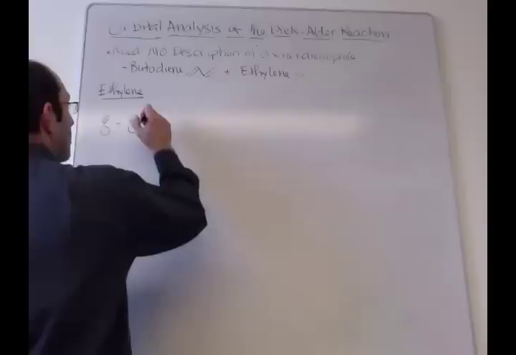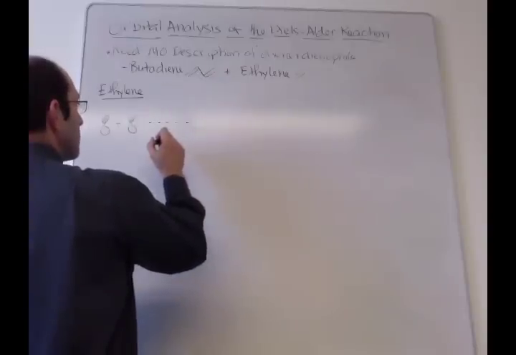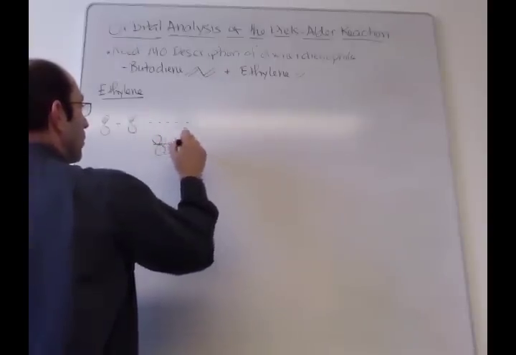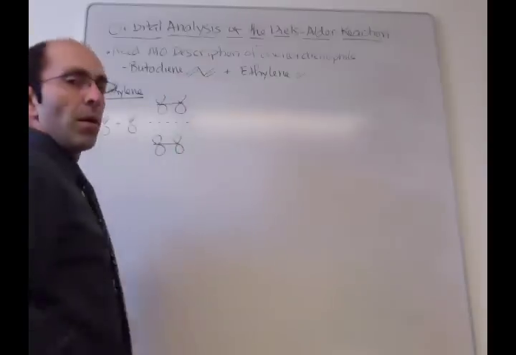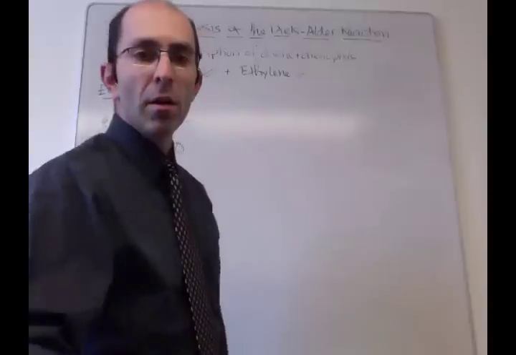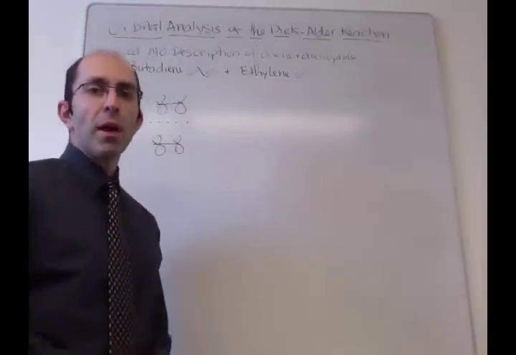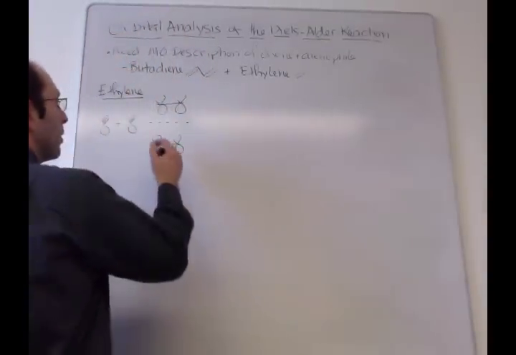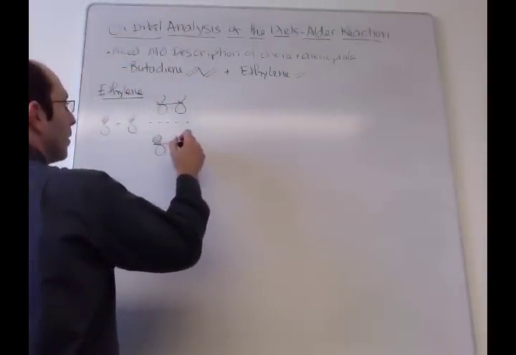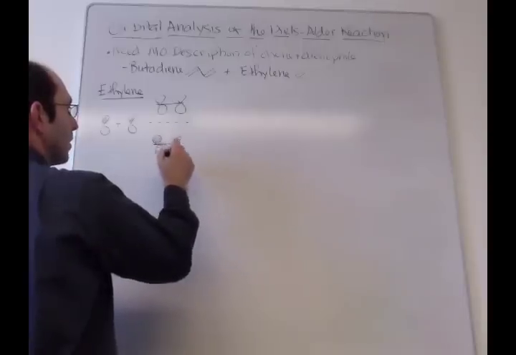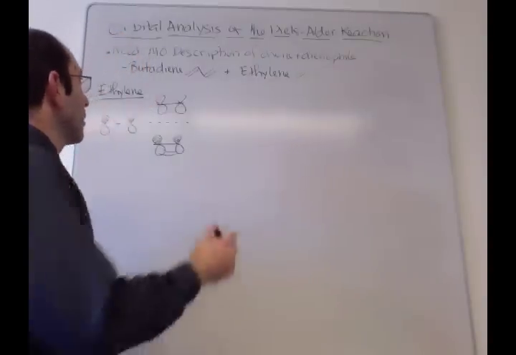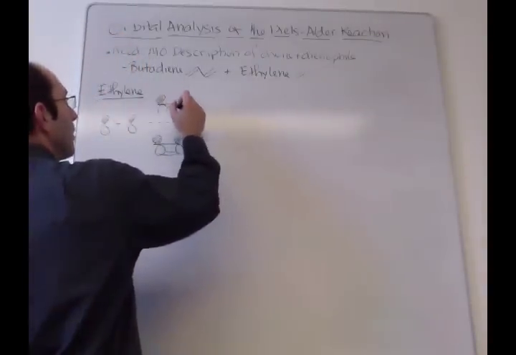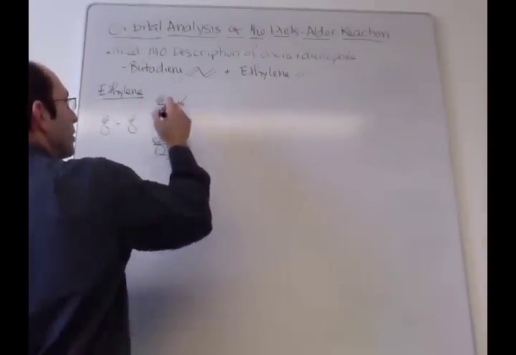And the thing to remember is that we can combine these to get a bonding molecular orbital and an anti-bonding molecular orbital, right? And hopefully, as you remember from previous chemistry classes, for the bonding molecular orbital, we're going to have the same phase of the p orbital, so that we get a bonding molecular orbital, and up here we're going to have a node because we don't get constructive overlap.